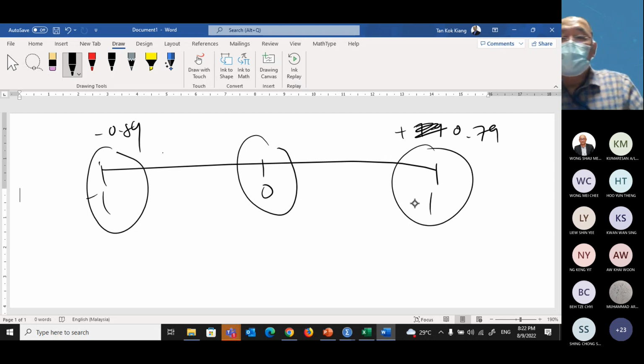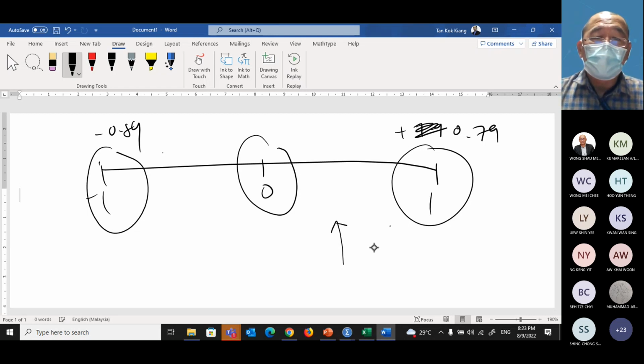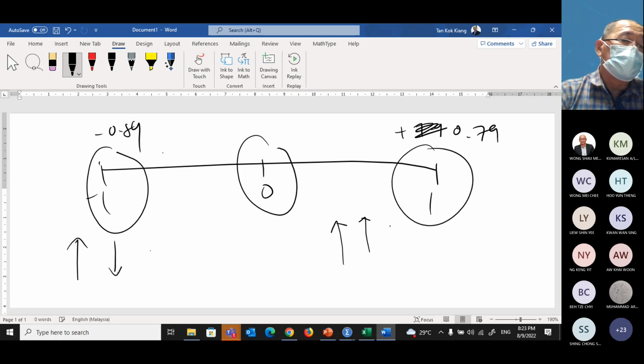What is the meaning of a positive relationship? For example, when Maybank share price increases, Hong Leong Bank also increases. Both positive. But negative: this one increases, this one's share price drops.